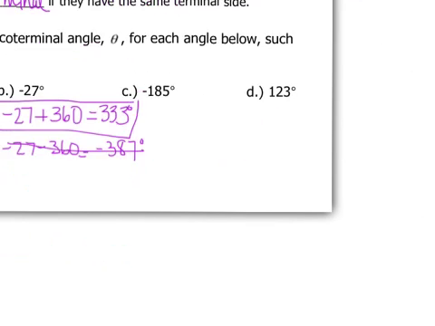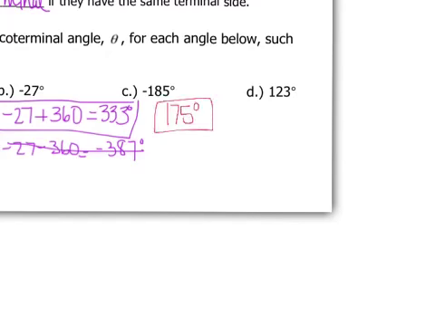All right, Lydia, for part C, what is your coterminal angle between negative and positive 360? No, the coterminal angle. 175. Okay.